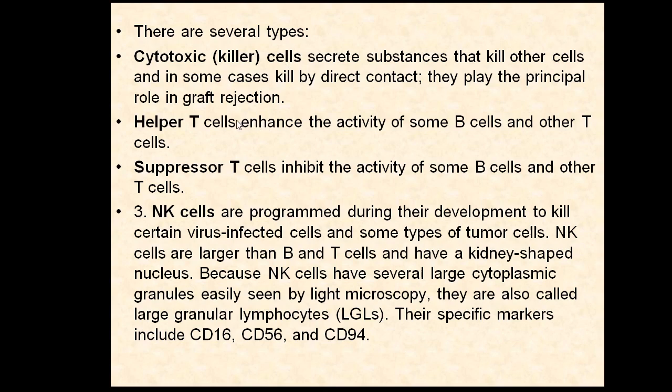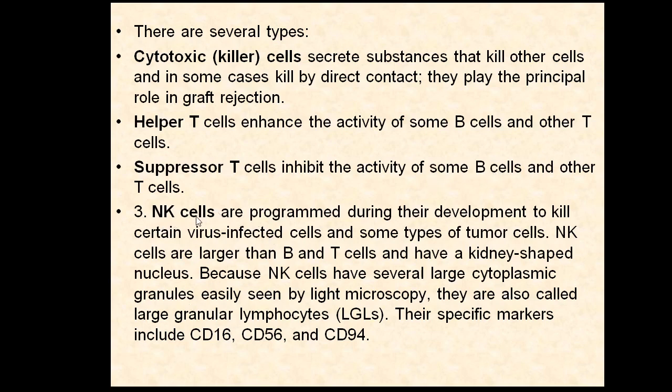The second class of T lymphocytes are helper T cells, which enhance the activity of the B cells and other T cells. Suppressor T cells can regulate the activity of the B cells and their transformation into plasma cells, and also they can regulate some T cells.